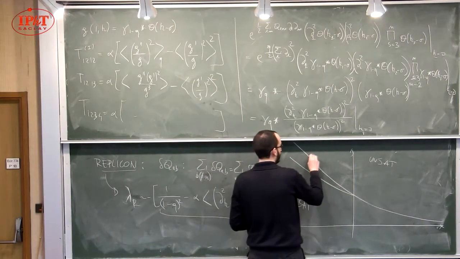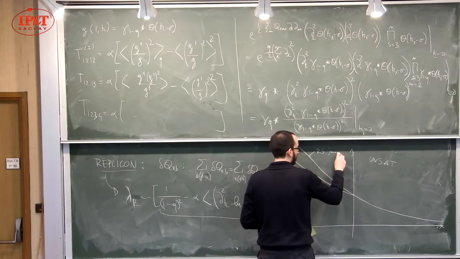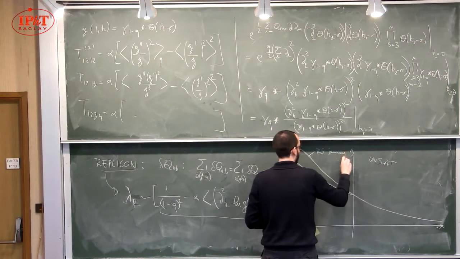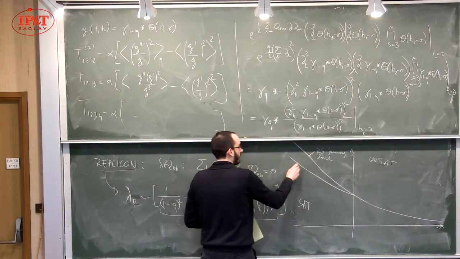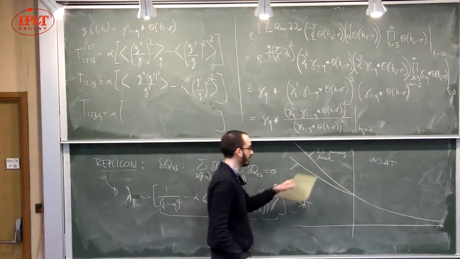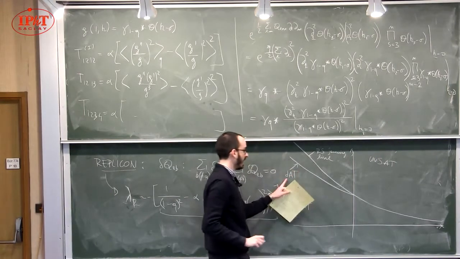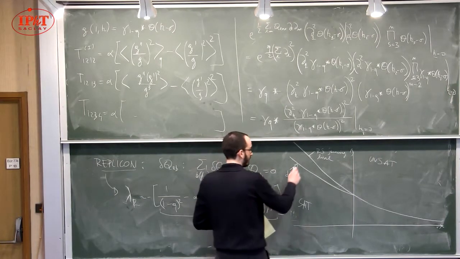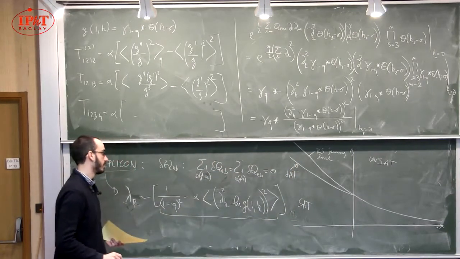This is the replica symmetric jamming line, or the Unsat threshold. And this is the line where this eigenvalue becomes unstable. This is called the de Almeida-Thouless instability.